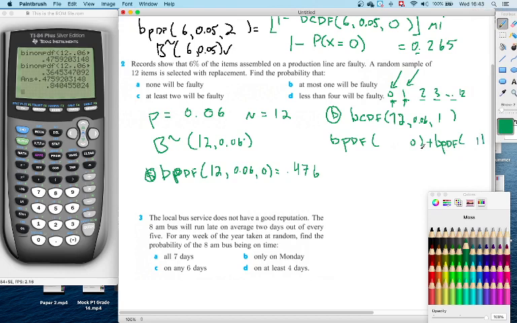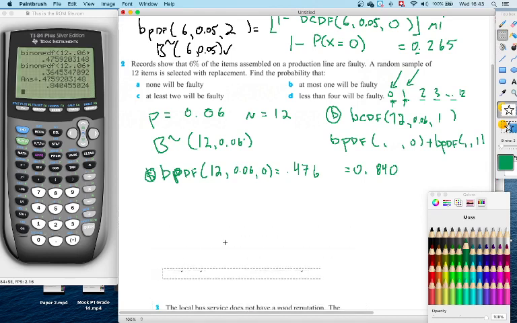So we already know that 12 and 0.06 is going to be our other values here, right? And that should give us the same value. So for part B, we get 0.840. So there's our probability. All right, so that's A and B.